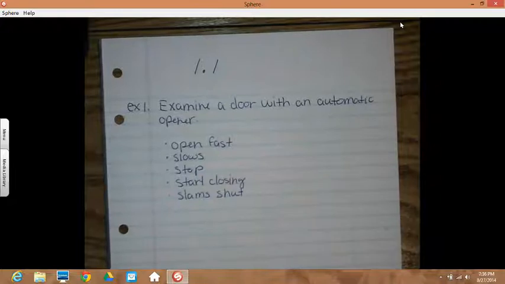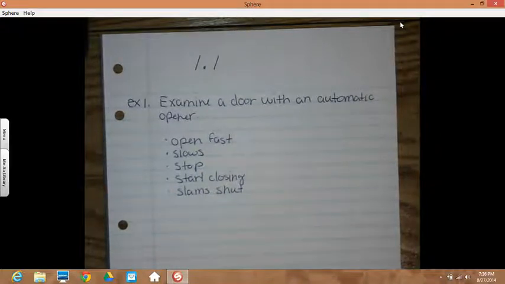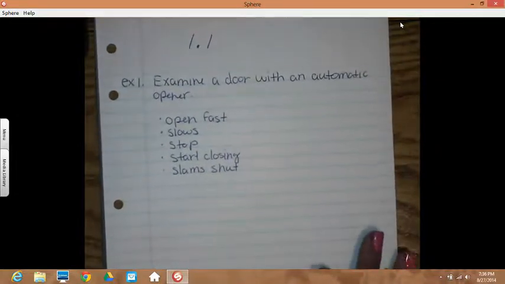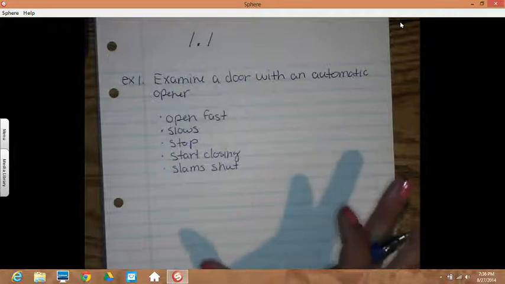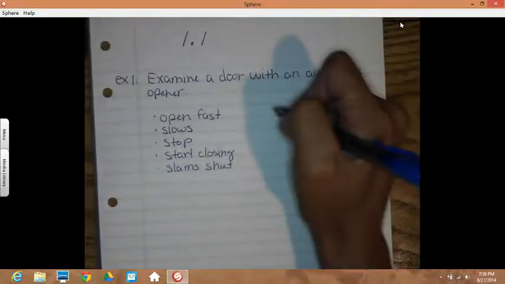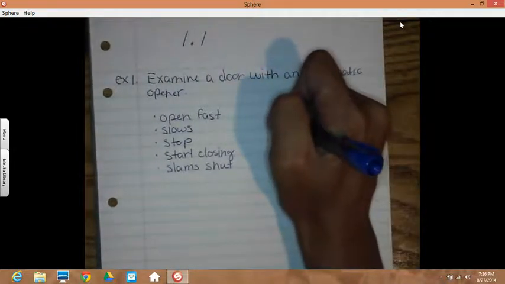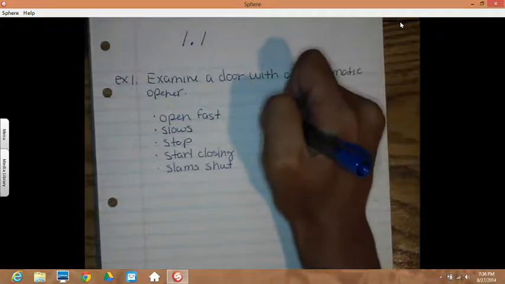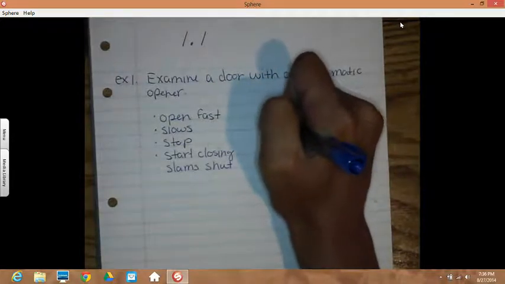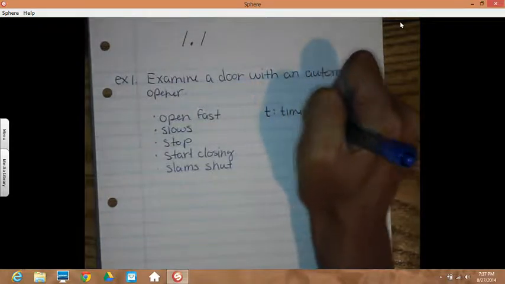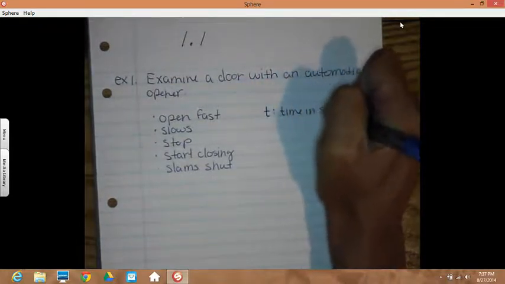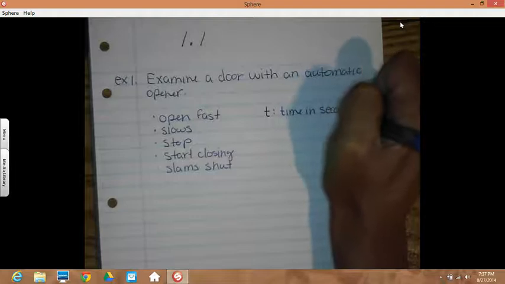So before I give you an equation for this, I want you to be able to give me a rough sketch of what you think this graph would look like if we were to put time on the x-axis. So we're going to call t our x-axis. It's going to be the time in seconds since you pressed that button.